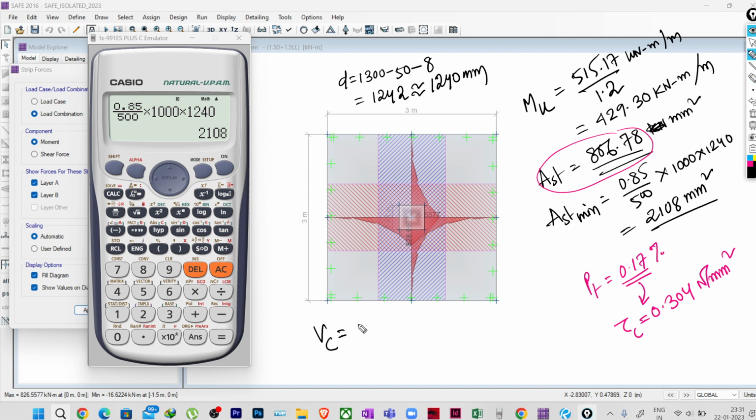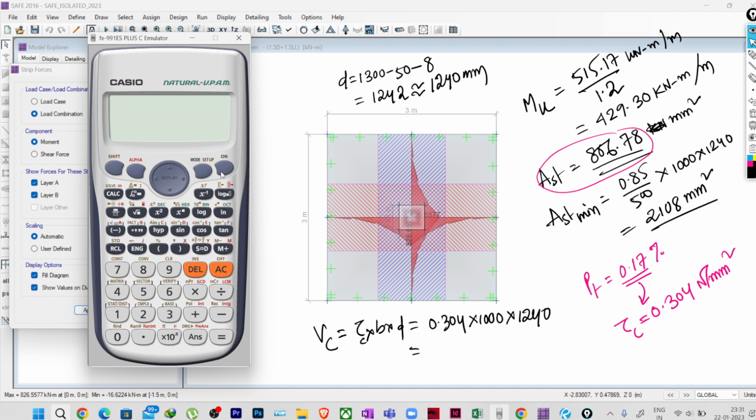VC equal to tau c into B into D. So it is 0.304 multiplied by 1000 multiplied by 1240. Okay, so what is the VC? VC is nothing but the shear capacity of the concrete.